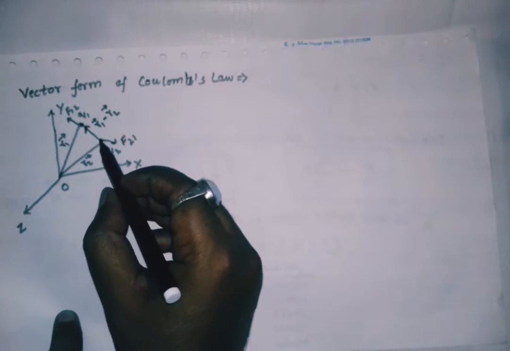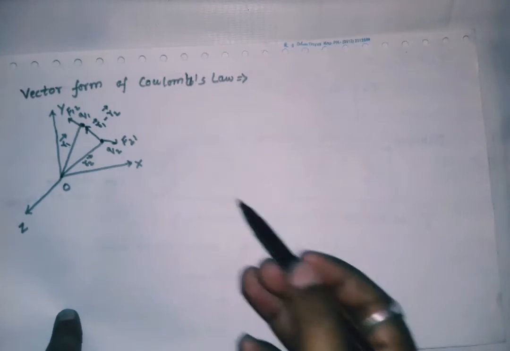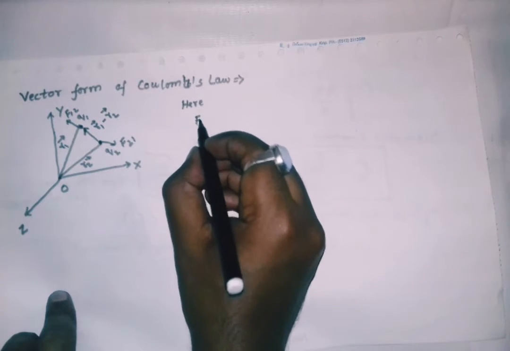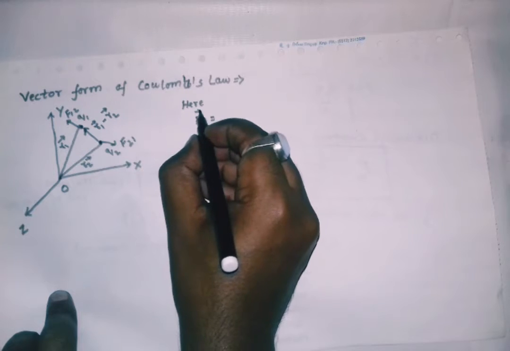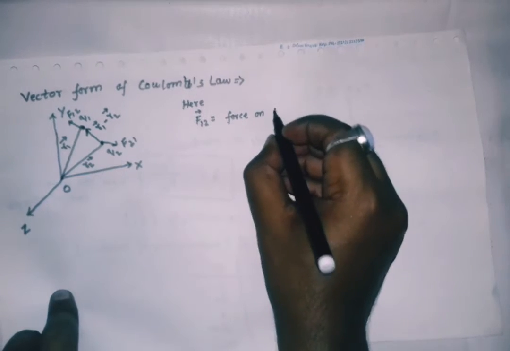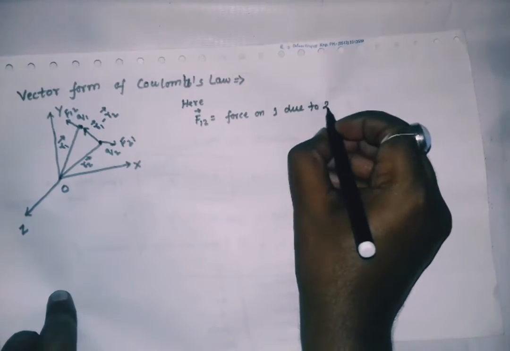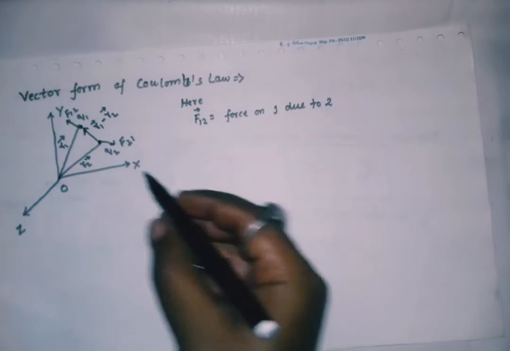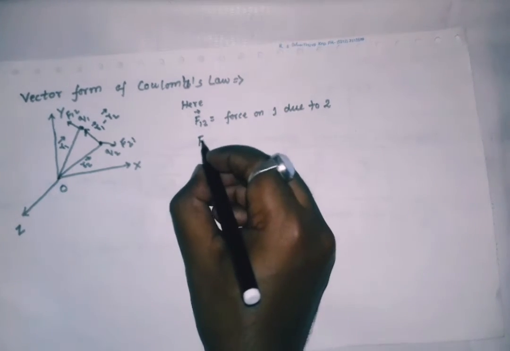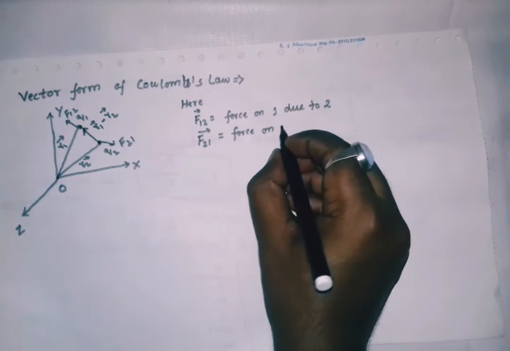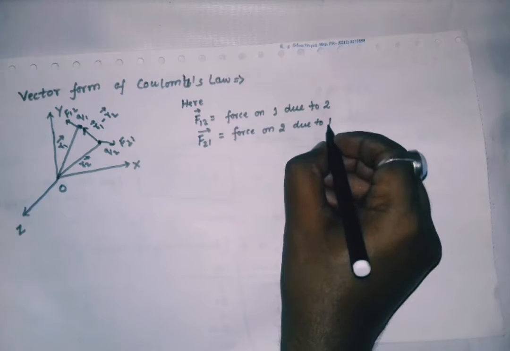The resultant direction is taken from q2 to q1, so r1 minus r2. So here F12 is equal to the force on 1 due to 2. I am not writing it as q1 and q2, this is just 1 and 2. F21 equals the force on 2 due to 1.